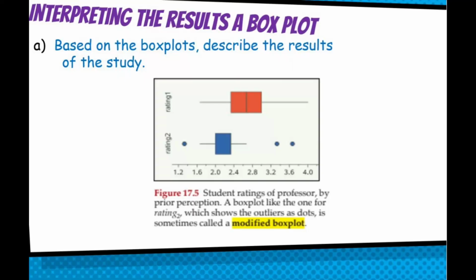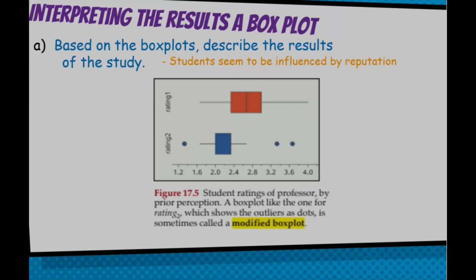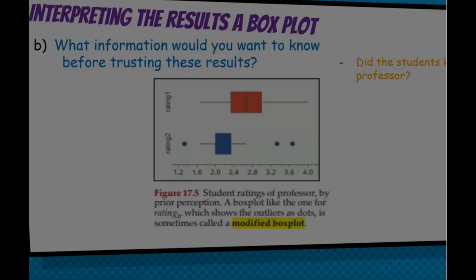We can see that for rating 1, somebody gave a maximum of 4.0, and we can see how the box of the second group is a lot tighter. So we may look at this and come to the conclusion that students do seem to be influenced by reputation.